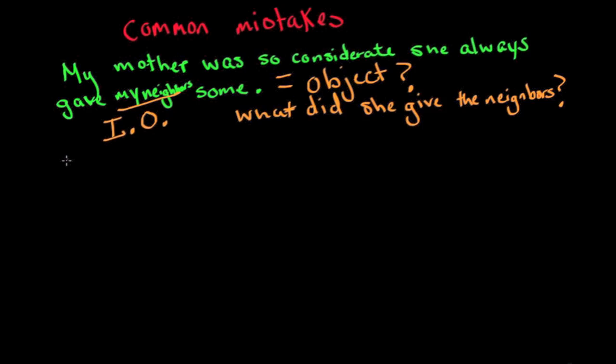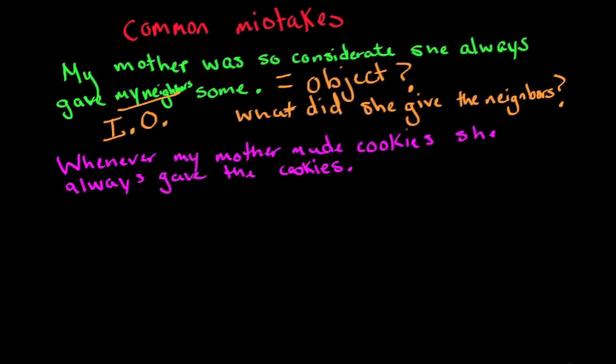Let's look at another example. Whenever my mother made cookies, she always gave the cookies. In this sentence, we're missing the indirect object. And the question is, who received the cookies? I don't know.